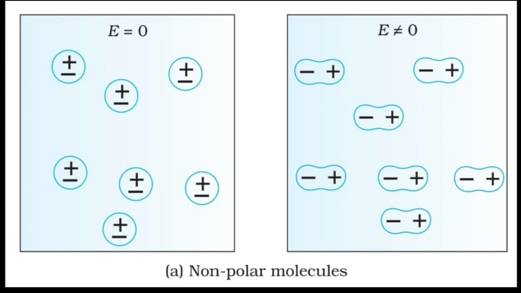There will be a force due to the electric field on the charges, and there will be intermolecular forces of attraction and repulsion inside it. Under the action of these two forces, an equilibrium is reached where each molecule has undergone a slight displacement in its positive and negative charges.